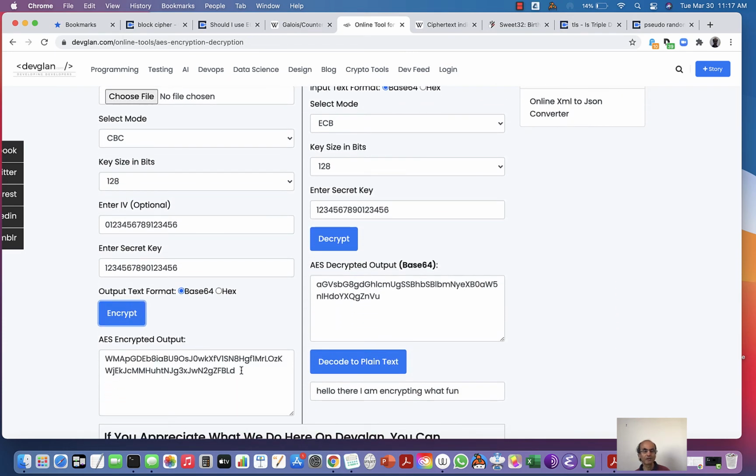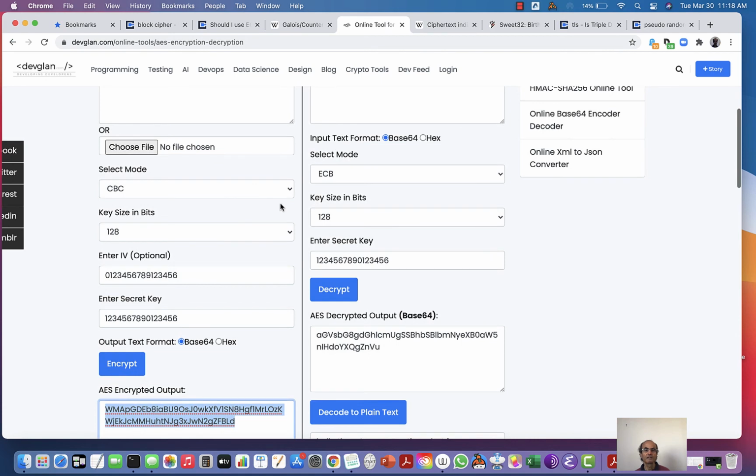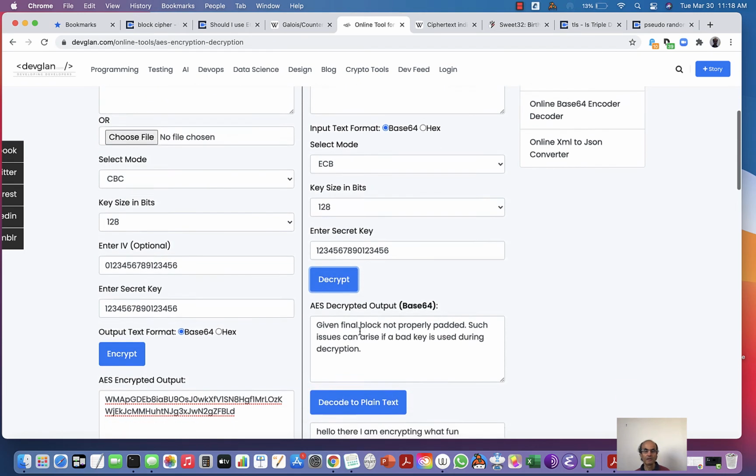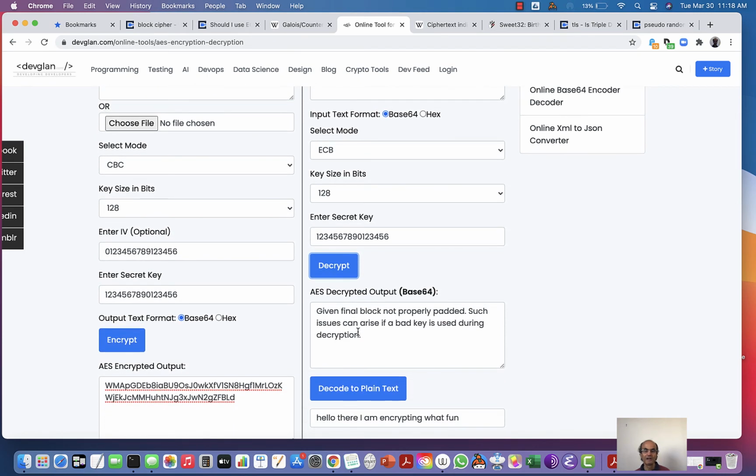We get something over there. Now, despite the fact that there is an IV, it should decrypt without access to that. So, given final block is not properly loaded, bad key is used during decryption. Something wrong with the key.